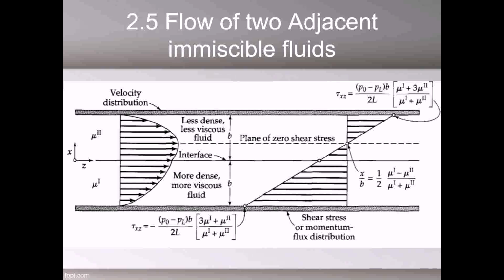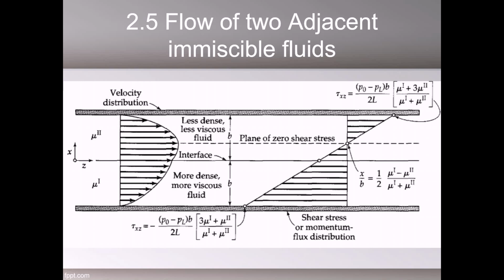So if we put the P here as P0 and the P here as PL, here we only have P0 minus PL divided by L. Alright? Okay. And on the left-hand side, we know there is no Vx.